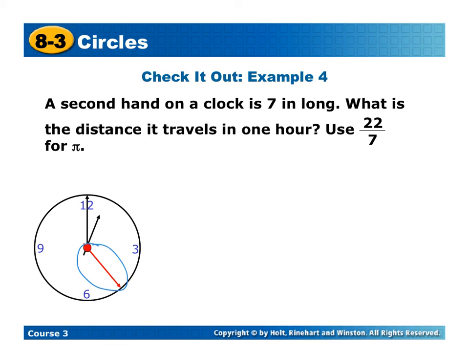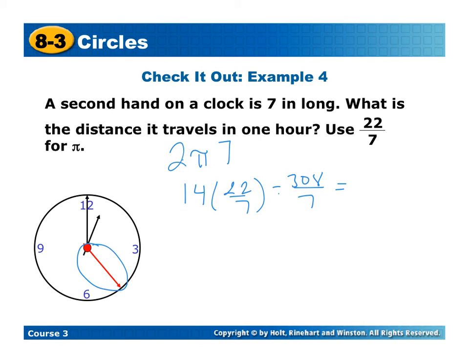So here we know that because it's a second hand, it's a radius. So I'm going to do 2 times pi times our radius, which is 7, which becomes 14 pi. Or I could take out the pi and put in its approximation, which is 22/7. So I'm going to do 14 times 22, which gives me 308 over 7.